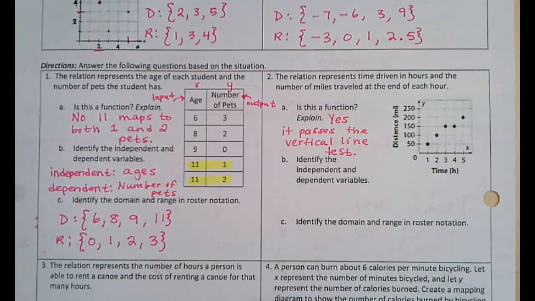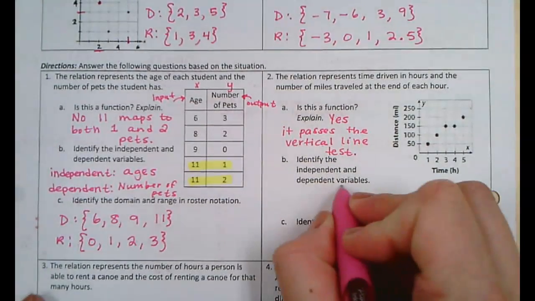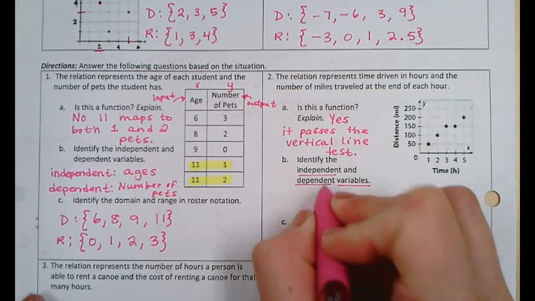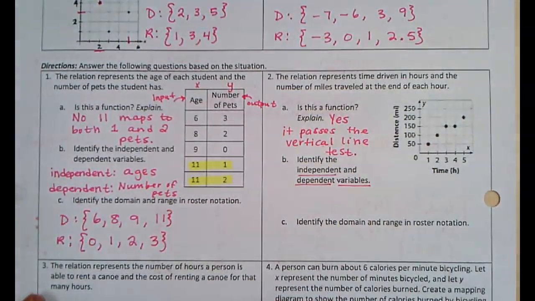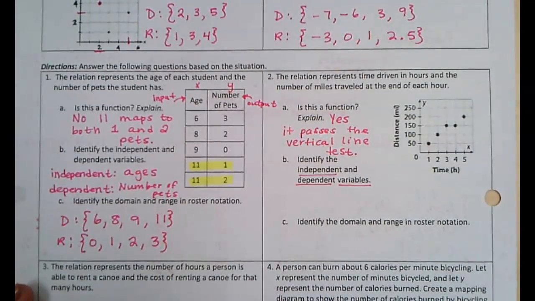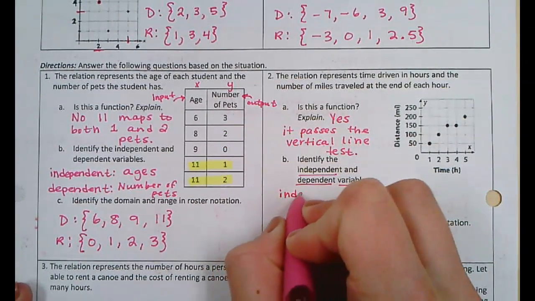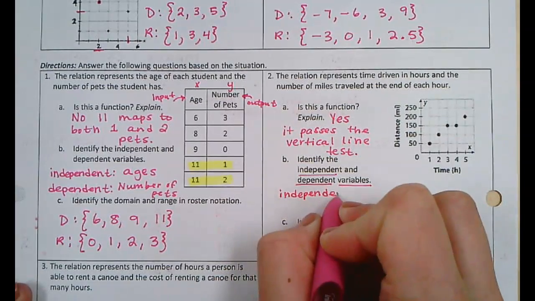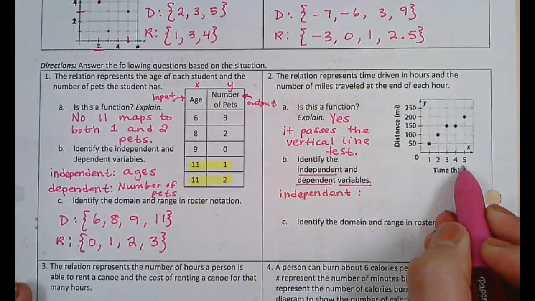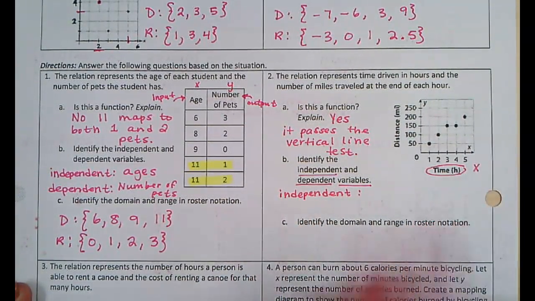All right, so the next thing says, identify the independent and dependent variables. When it actually asks for the independent and dependent variables, we want to know in the context what our inputs and outputs are. So let's go ahead and do those. Our independents are the inputs or the x values.